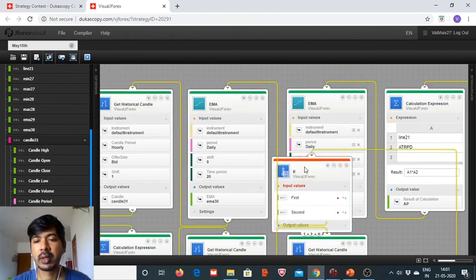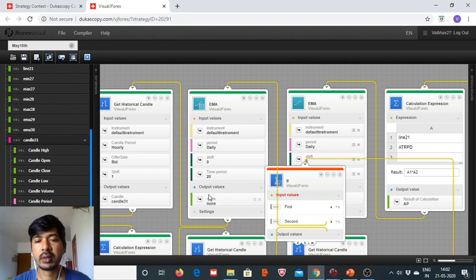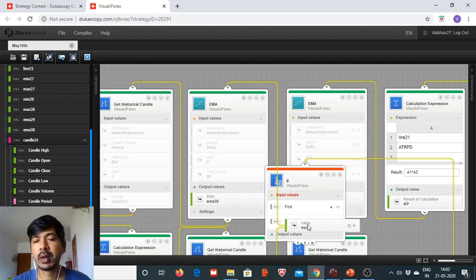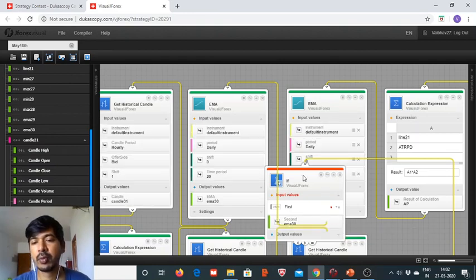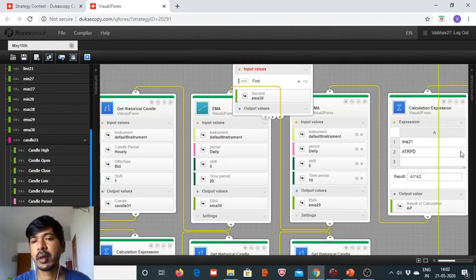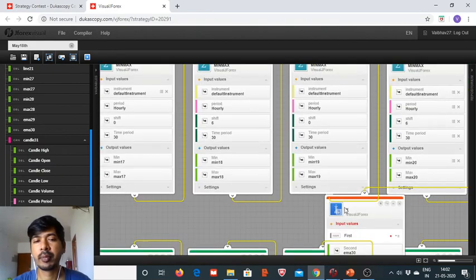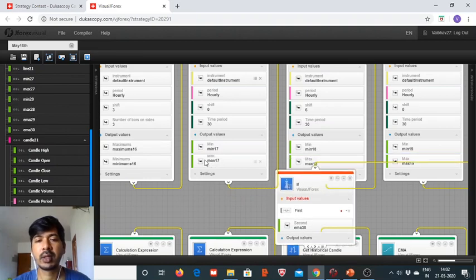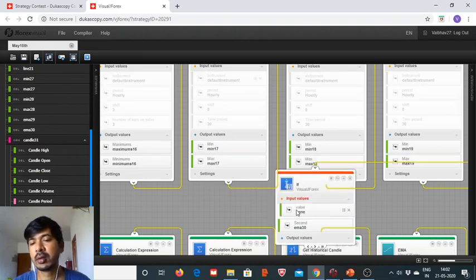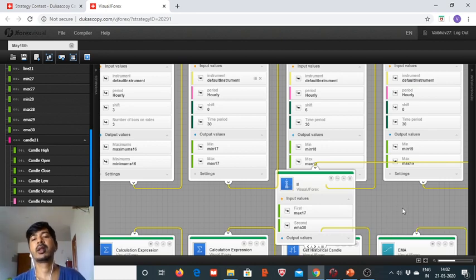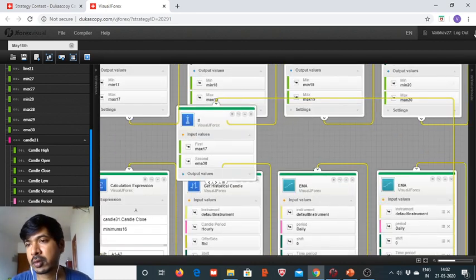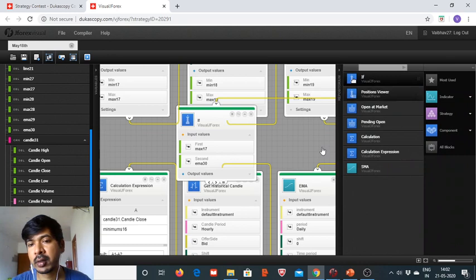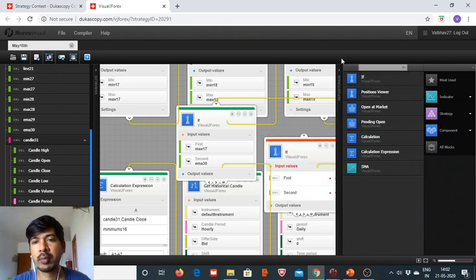So we need to take this minima EMA's condition, EMA's value, and compare it with maxima 17. This time we need the maxima to be less than the EMA 30. So we straight away get one more A block.